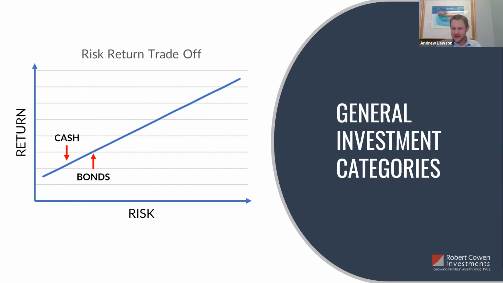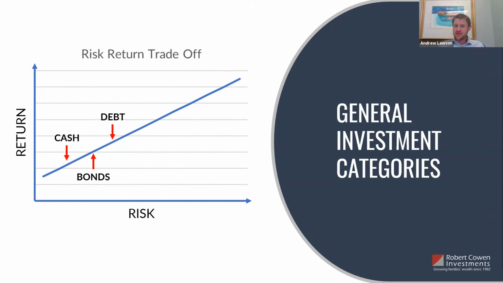It sort of depends on the day in the market, but you can safely expect to get about 9%. But it does come with more risk. So you may have months where you have a negative return, although they would not be as frequent as what you would expect with any of the investment classes further up this risk curve.